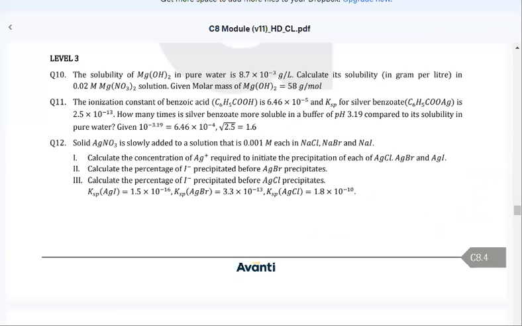How many of you remember this? MnCl, MnS, right? Exactly the same problem as that.